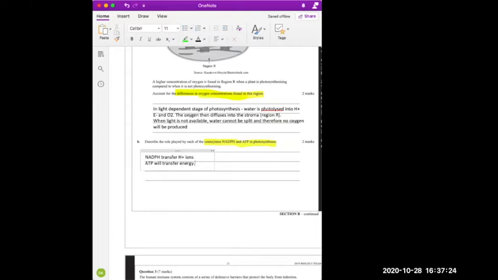I know it seems like you have to, but that's all you need to say. It's 2 marks. They've given you 2 coenzymes, so all you need to do is 1 mark for what each one of them does. Another thing I want to mention is that VCAA will always, unless it's a 1 mark question, give you more lines than you need, and do not be fooled by trying to fill those lines up. I've seen so many students try and fill all 4 of these lines just for the sake of it, or because they feel they have to in order to get the 2 marks.